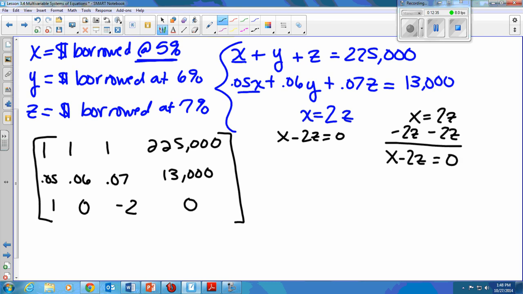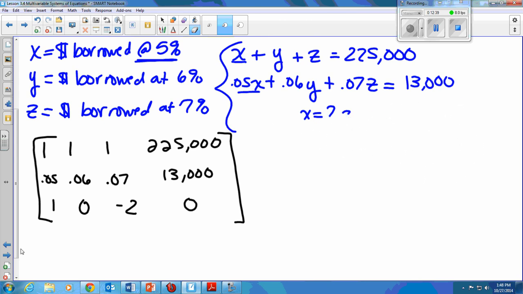Now, I'd like to get this in row echelon form, which means the very first equation needs to have a leading coefficient of 1, and we're good. So row 1 is done. Now, before I do anything else, I don't really want to deal with decimals. So what could I do to row 2? Multiply it by 100.